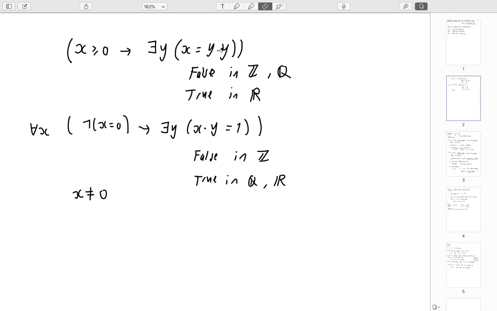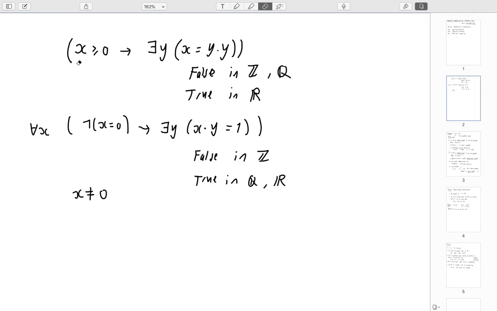That will be true vacuously for any negative x, because that will be an implication from a false assumption. But for a positive x, it will be true in the case that x is a rational number that has a rational square root.